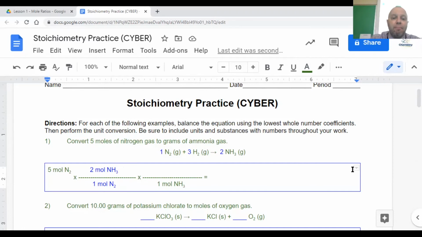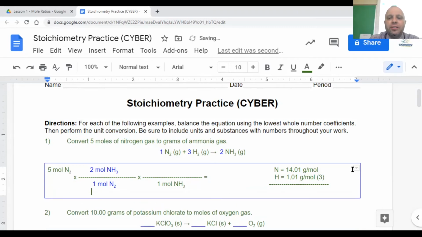So to get the molar mass of NH3, we have nitrogen, which is equal to 14.01 grams per mole. We have hydrogen, which is equal to 1.01 grams per mole, but we also have to multiply that by 3. So we wind up with a total molar mass for this that is equal to 17.04 grams per mole.